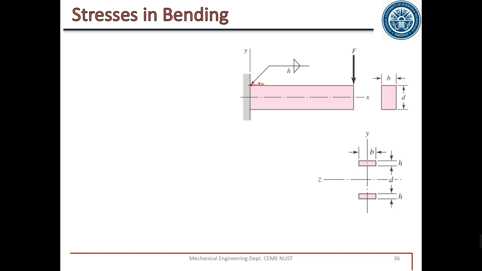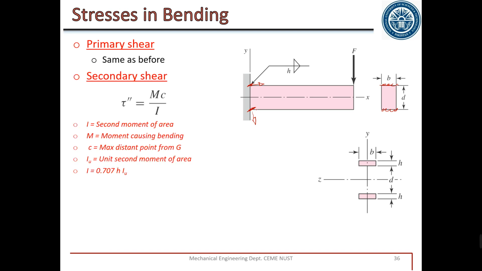Let's say you have a weld on top and bottom. Primary shear is the same as before. F is applied here, and F divided by the area of this plus this will give us the primary shear stress in the weld.